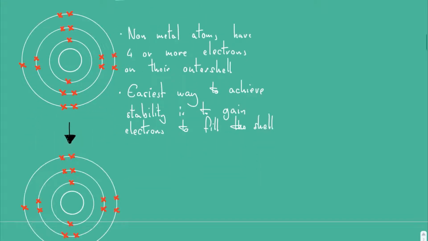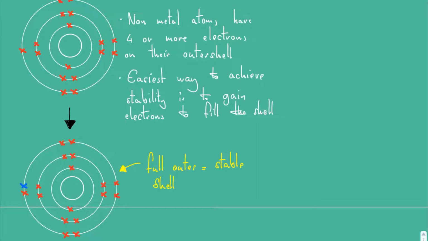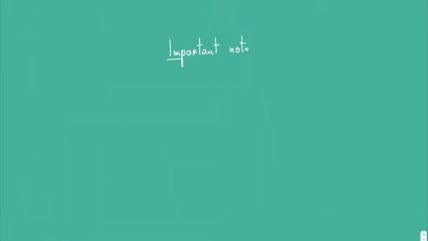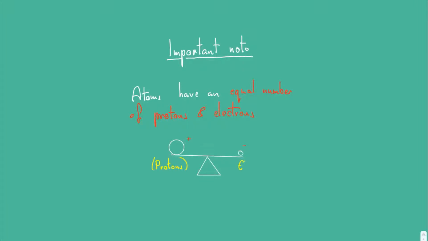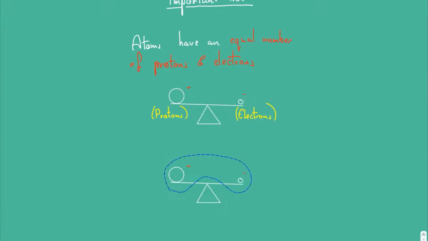Okay, so what's important to note is that atoms have equal numbers of protons and equal numbers of electrons. So if you're going to remove an electron from one of these atoms, then that's going to produce an imbalance in the charges.